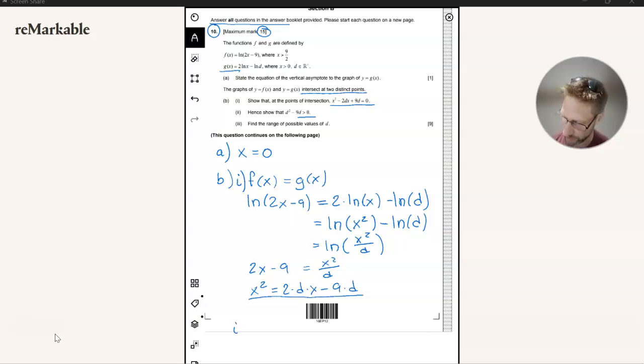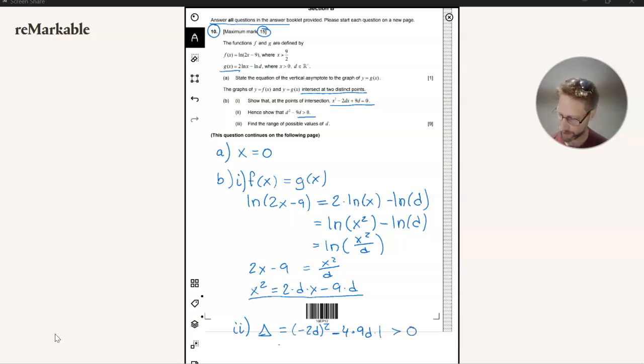So for 2, the idea is to just calculate the discriminant of this guy. Let's just take it in the form that it says up here. The discriminant is the coefficient of x, which is minus 2d, squared, and then minus 4 times the constant coefficient, 9d, times the coefficient of x squared, which is just 1. And this must be larger than 0.